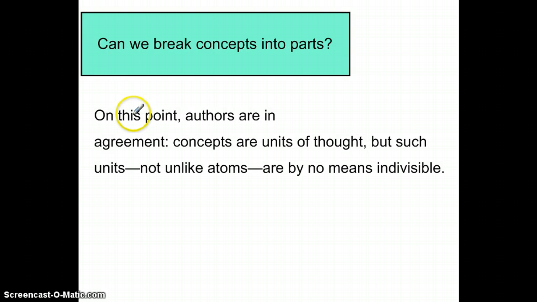So can we break concepts into parts? And I was very happy that there was no ambiguity here. They said, and this was quoting from the reading, "On this point, authors are in agreement. Concepts are units of thought, but such units, not unlike atoms, are by no means indivisible." So with my thought with the equations, yes, the big overarching theme is you're getting the variable alone, but there are parts to that.